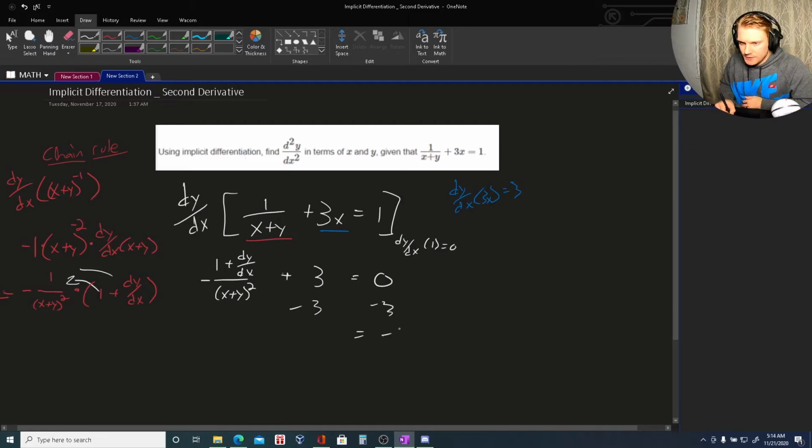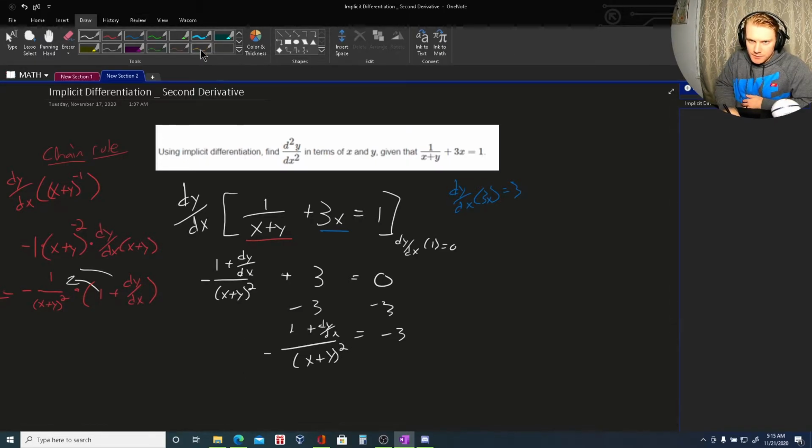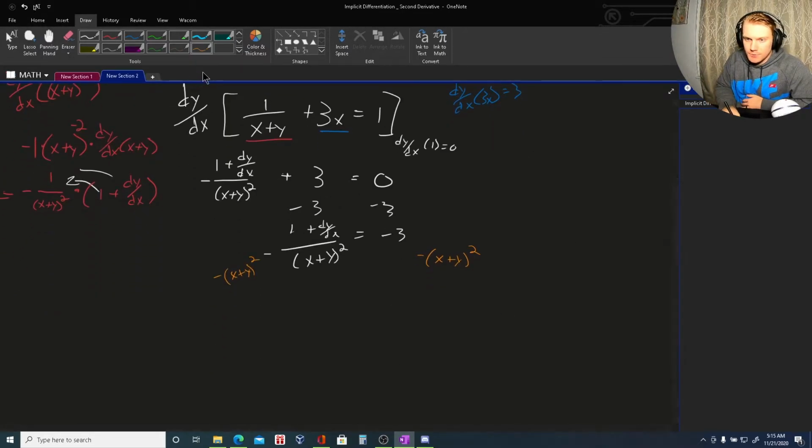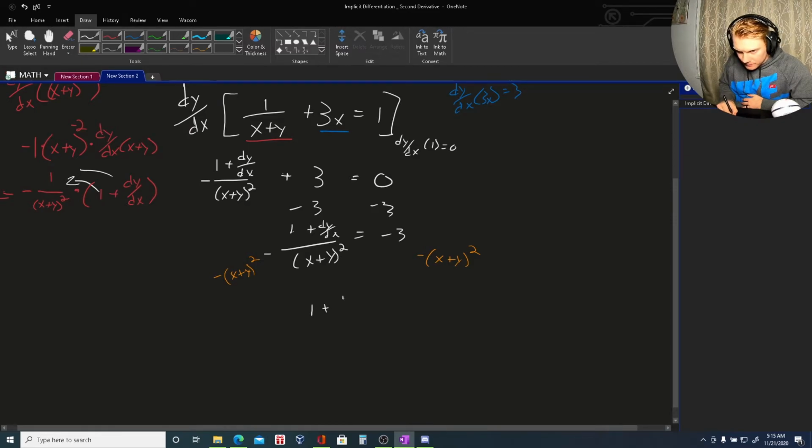That gives us negative 3 on that side, and we'll have negative 1 over (x plus y) squared times (1 plus dy/dx). Now let's multiply negative (x plus y) squared to both sides, and that will give us 1 plus dy/dx equals, well, negative times a negative, so 3 times (x plus y) squared.